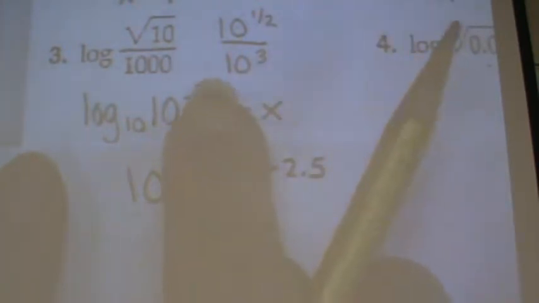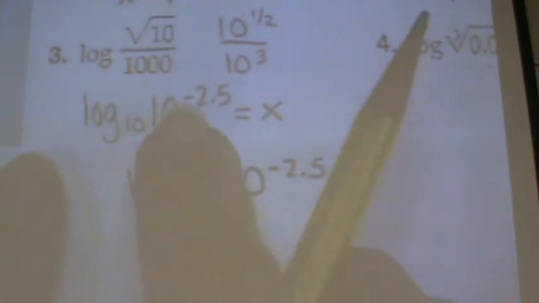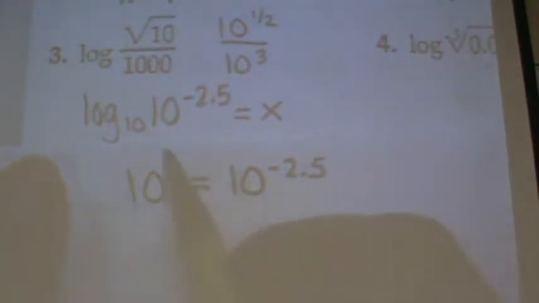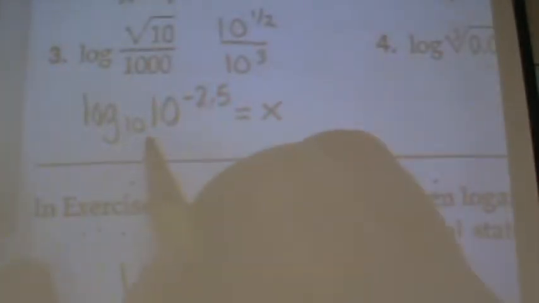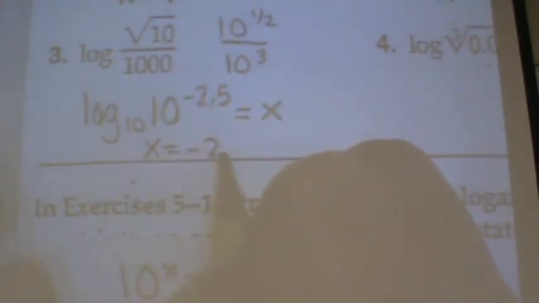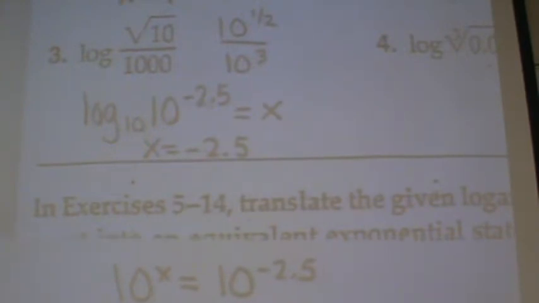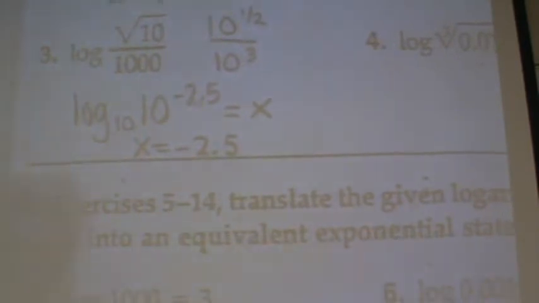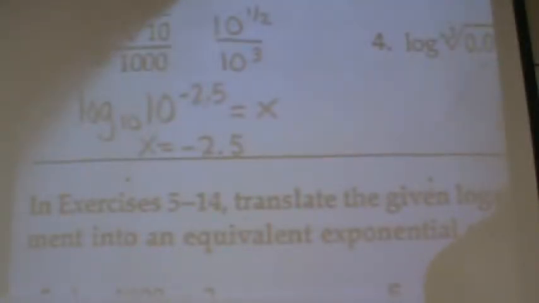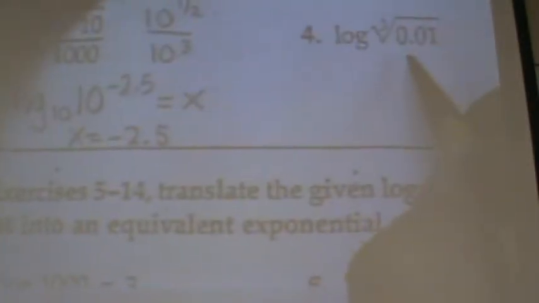If you don't see an exponent there, it's a 1. But if there's something else, it's always going to end up being that exponent. So this answer is negative 2.5. So try the last one. I would convert this to 0.01 to the 1/3 power.